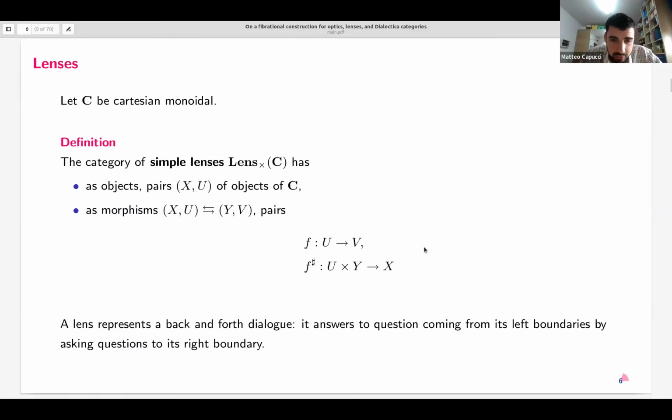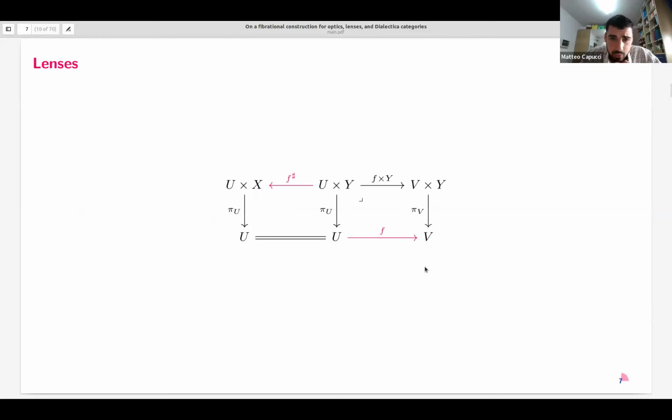And you can picture this as a dialogue, right? U says something to V, and V answers a Y and remembers the question that you asked and gives an X back. So you can picture this in the following fashion, right? So that's what I was talking about, top and bottom.